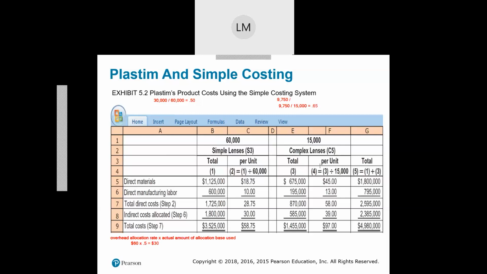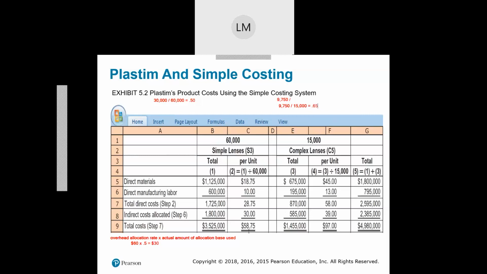So we see here, especially with the simple lenses, I'm not going to compute all that out, excuse me. But for the complex lenses, we want to track our own overhead and everything there based on direct labor hours, so we can value the amount of that there. So now, let's just go forward with this.